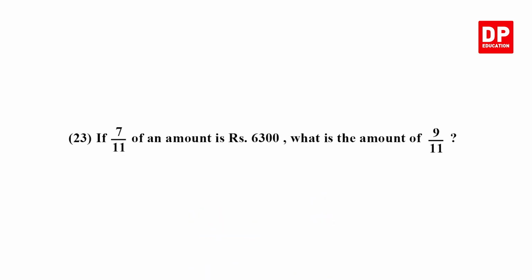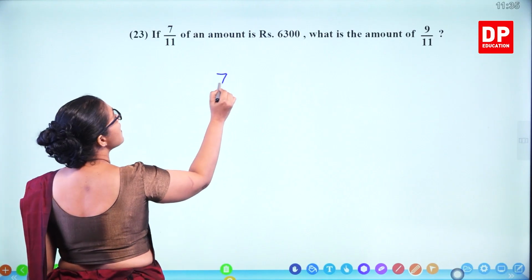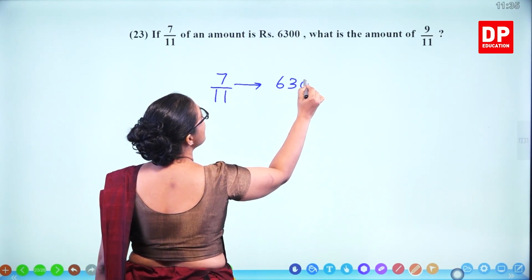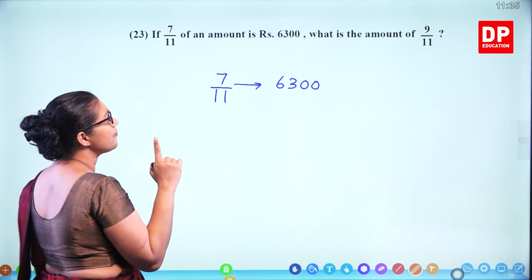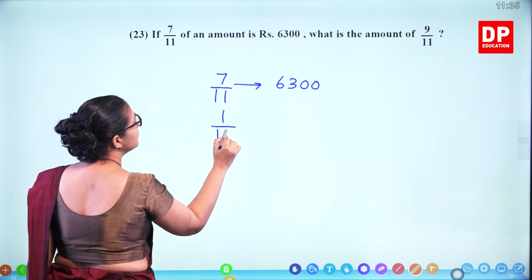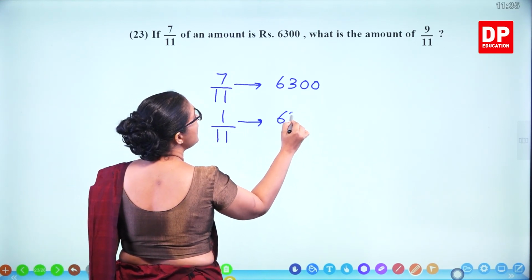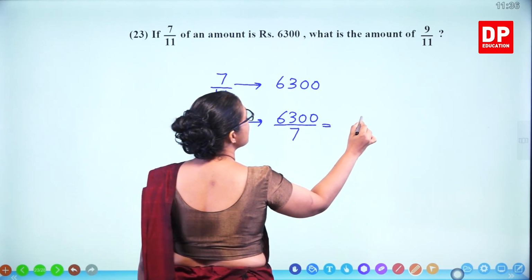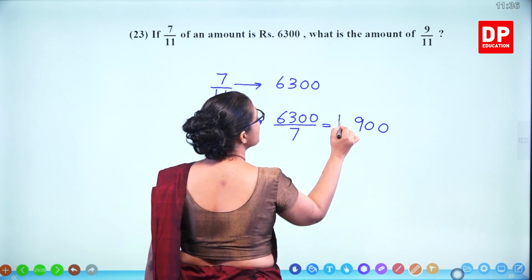If 7 over 11 of an amount is 6,300 rupees, what is the amount of 9 over 11 parts? So 7 over 11 is 6,300 rupees. You want 9 over 11. So what is 1 part? You divide by 7. That's 900 rupees.